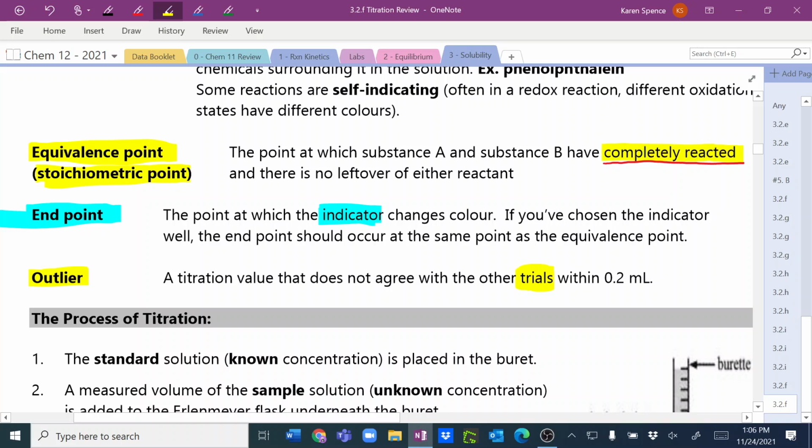You will always be doing multiple trials because you'll get better data if you do an average of a bunch of different tests. But if you have one that does not match close enough, and sort of an arbitrary value that we've chosen is 0.2 milliliters, if you actually go and do real lab work, you'll learn statistical analysis that will tell you, oh, these ones are close enough together and that one is an outlier. But for Chem 12, we're not going to do the statistics, so we're going to say within 0.2 milliliters, okay?